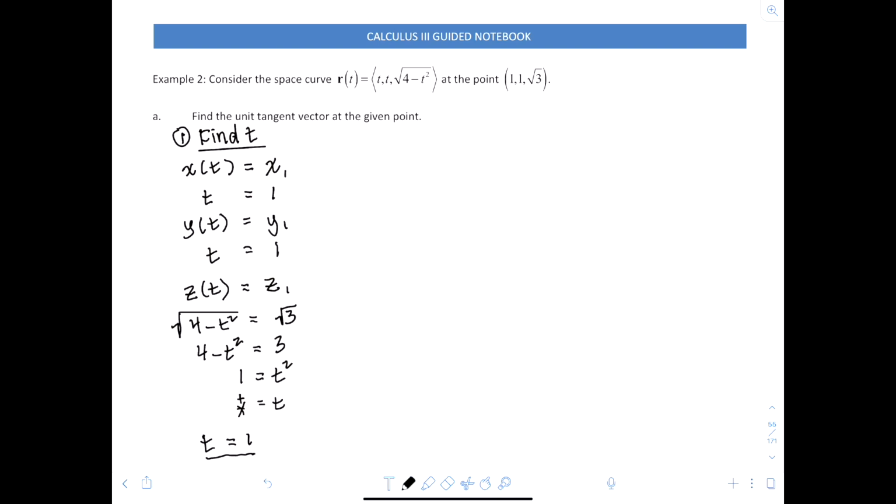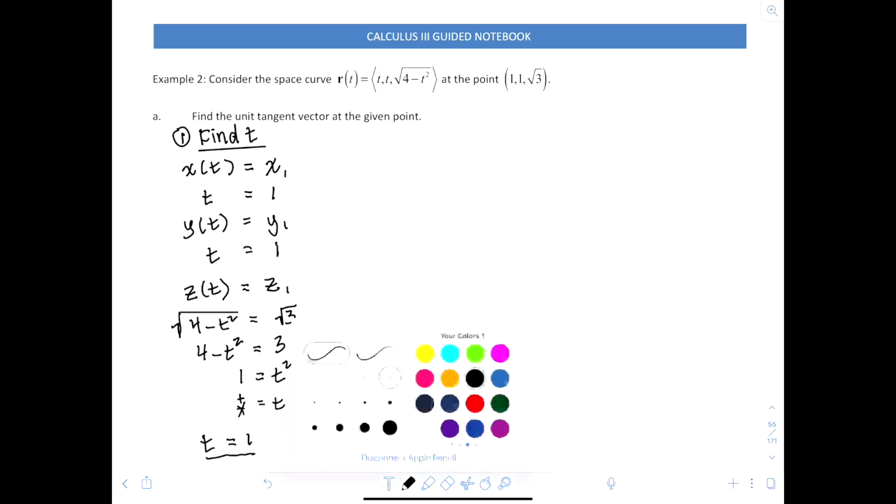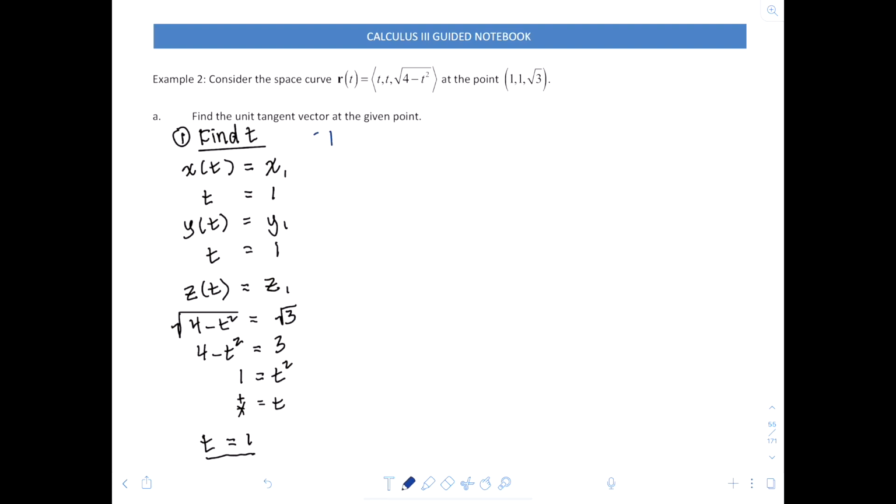Okay, so now, second up, we want to find r prime at t. So when we do this one, well, we know what x at t, y at t, and z at t are, and so the derivative of t with respect to t is going to be what?